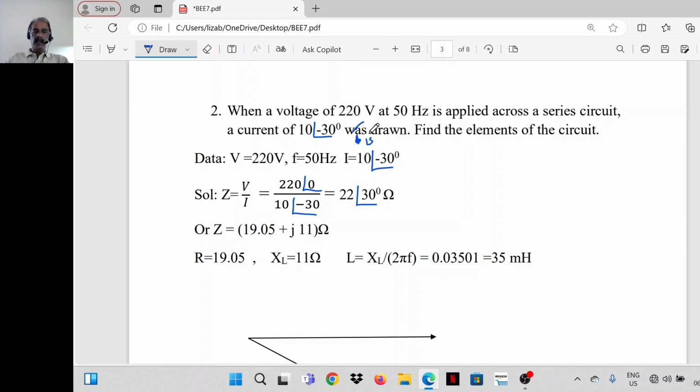So it's given that the circuit is a series circuit, the applied RMS voltage is 220 volts, frequency 50 hertz, and the current drawn by the circuit is 10 angle minus 30. We have to find the elements of the circuit.